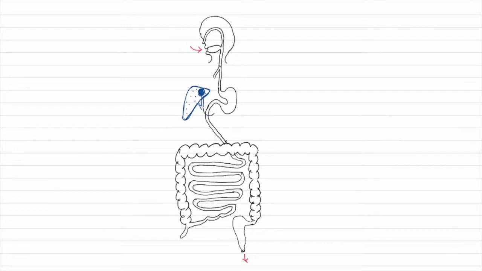This part is connected with the U-shaped first part of the small intestine, the duodenum, with the help of a tube-like structure named the hepatopancreatic duct. This duct connects with the pancreas.